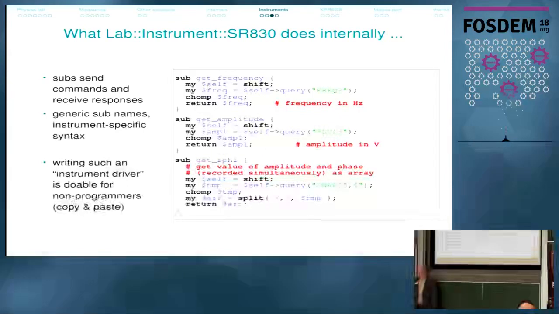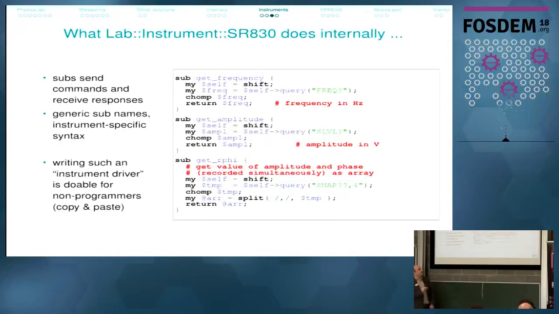This query function is in the lab instrument class. It passes this string to the connection with the proper parameters. The connection passes it to the bus with the proper parameters, and there it goes to the hardware. Same, get amplitude. Also just one command string that is documented in the manual of the equipment, in the hardware manual.